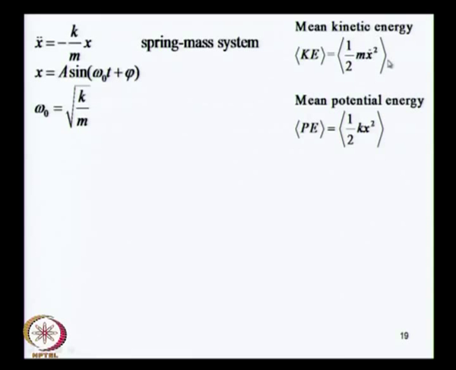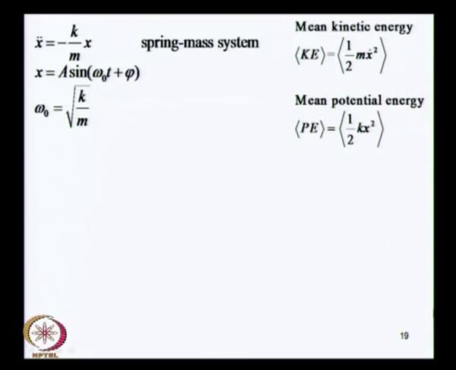What is meant by average? You can see that the kinetic energy at different points of the oscillation will not be the same, but if you add up the kinetic energy at every instant of time over the entire cycle, and divide by the total time period for that cycle, then you get the average kinetic energy, and it is this average which I am talking about, and it is indicated by writing kinetic energy in these angular brackets.